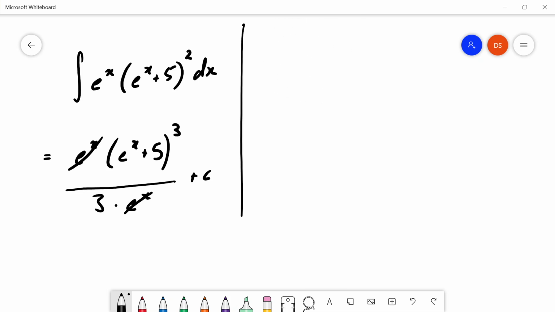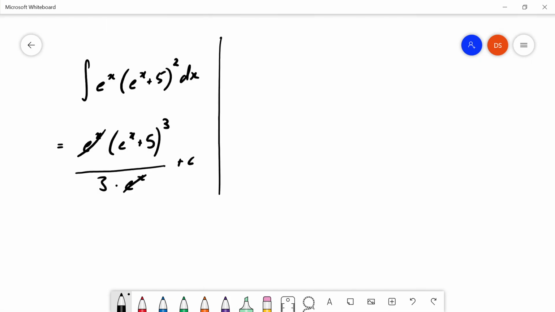You can even do that on slightly simpler questions. 10 e to the x (e to the x plus 5) dx. If you wanted to, you could expand, and that's probably what I would do. But if you didn't want to, you can notice that the derivative of the inside is e to the x. The 10 doesn't matter, so I'll write it out the front.